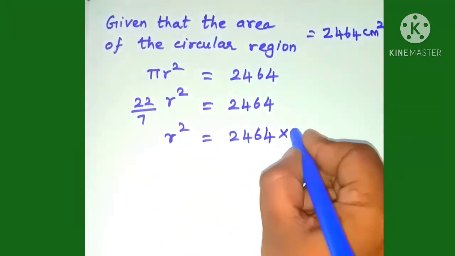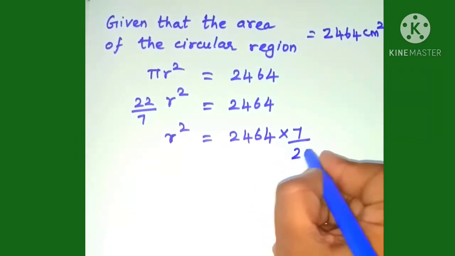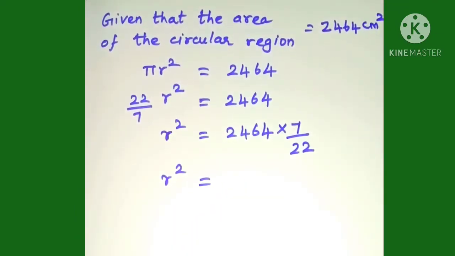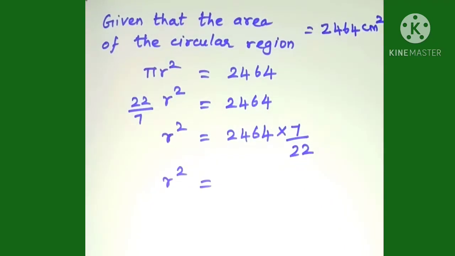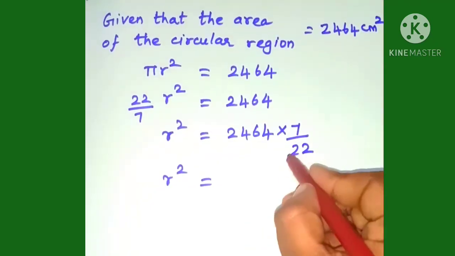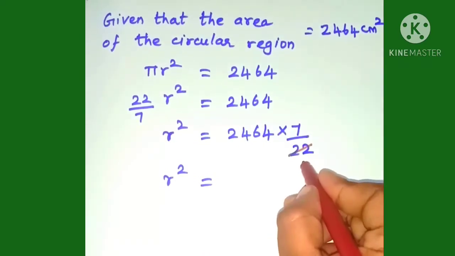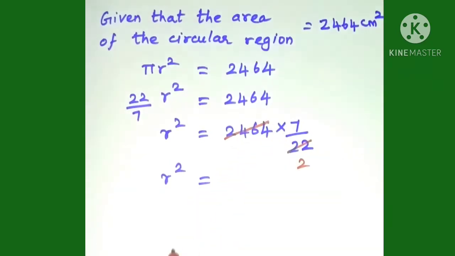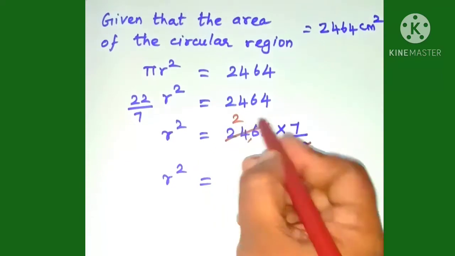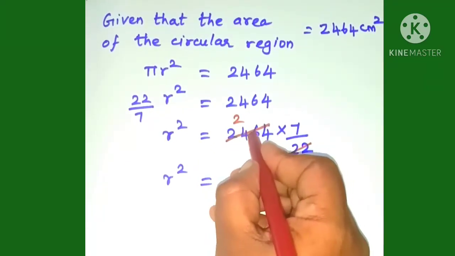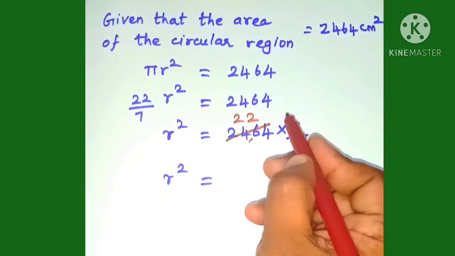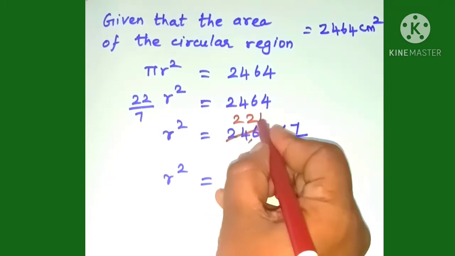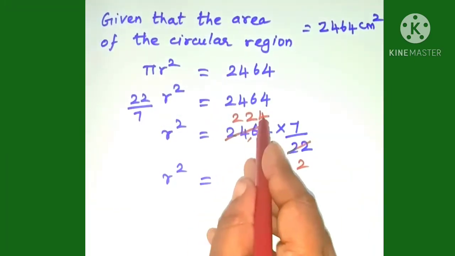It becomes 7 by 22. Now students, r square is equal to cancelling 2464 and 22 we get. So by using 11 table, so here in the denominator it is 2 times 2 into 11 is 22, and here in the numerator when we take 24, 2 times balance 2, and 2 6 is 26, which is 22, that is 2 into 11, 2 11s are 22, and balance 4, and 4 is 44, and here it is 4 times, so 224 as we get.